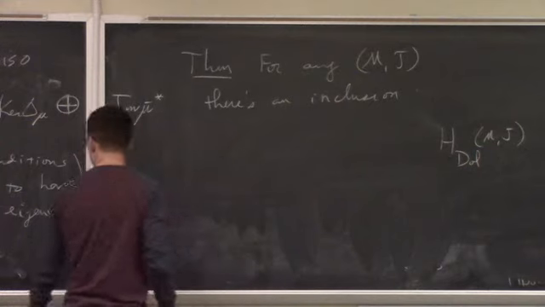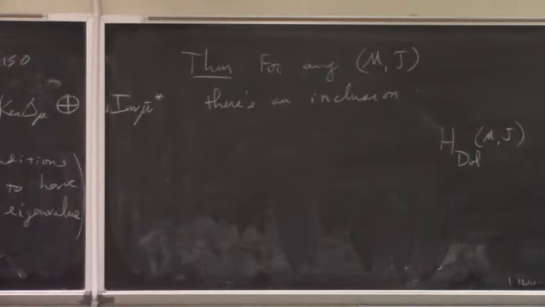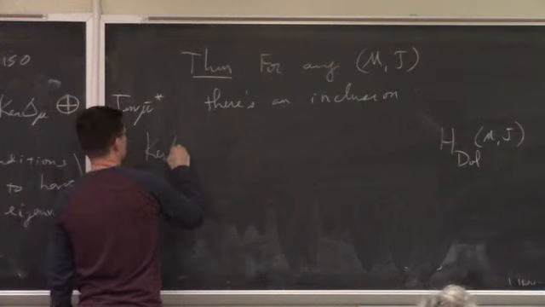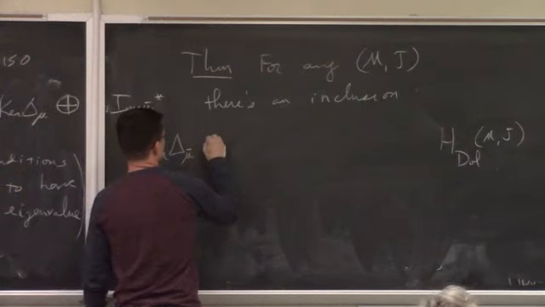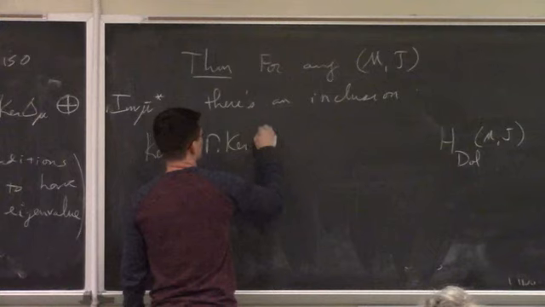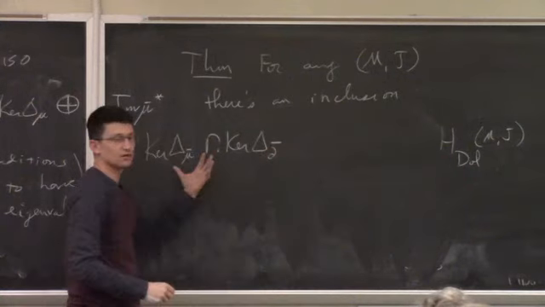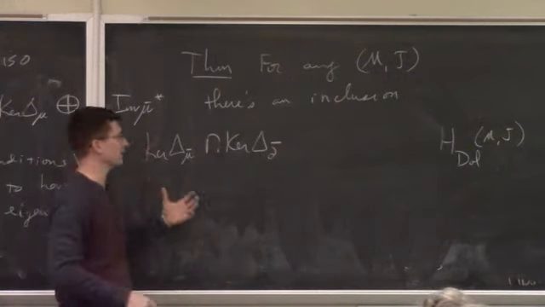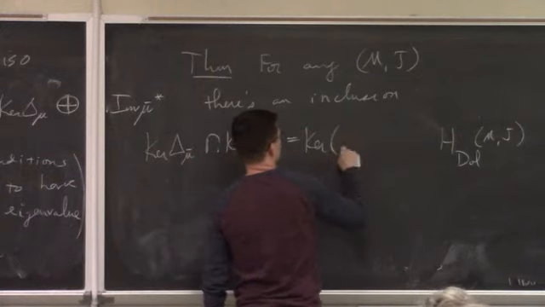And I want to look at the kernel of this operator. I kind of want to intersect its kernel with the kernel of the del bar Laplacian. So it turns out that when you intersect those kernels, because that's actually just the kernel of one single self-adjoint elliptic operator, the kernel of their sum.